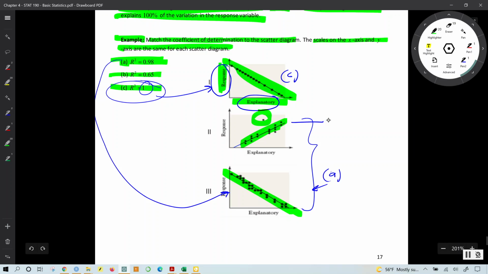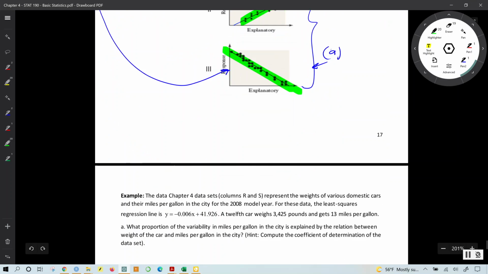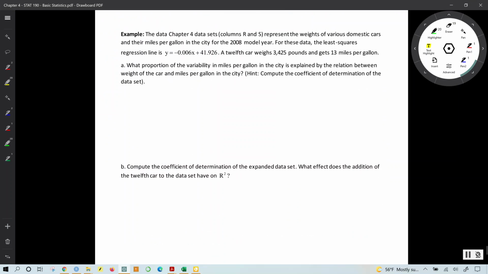And finally, this is option B, which is 0.65, and the drop could have been due to the presence of this point right here. With that question completed, we proceed to the next part.